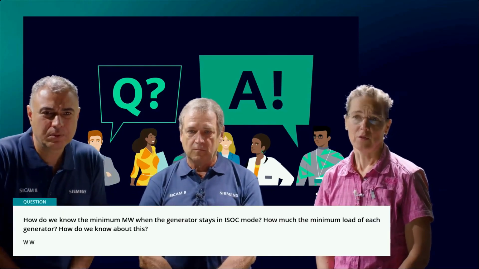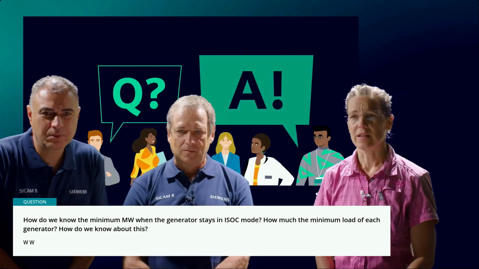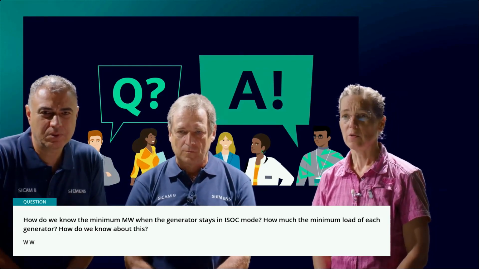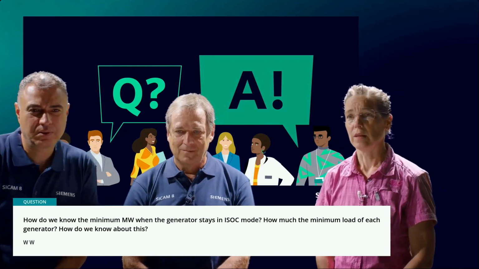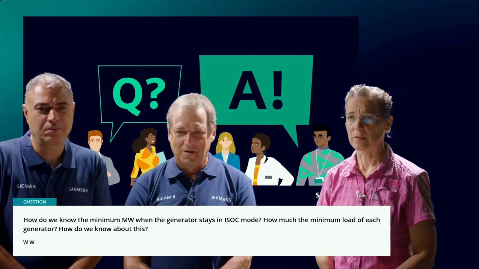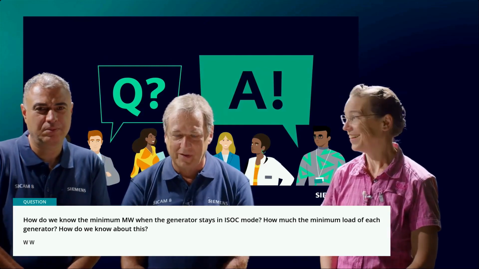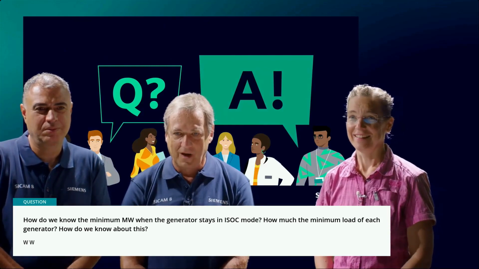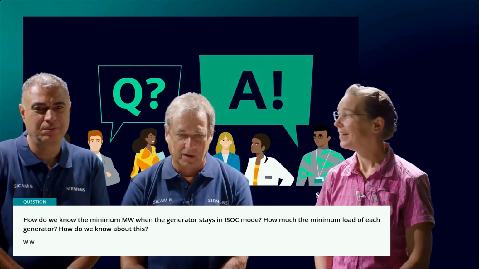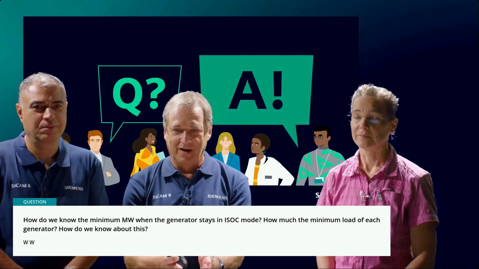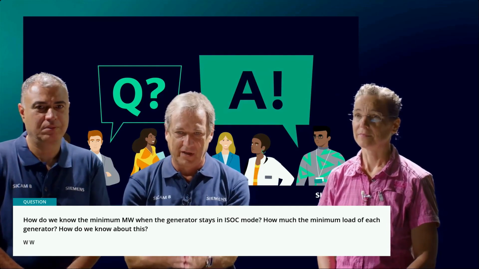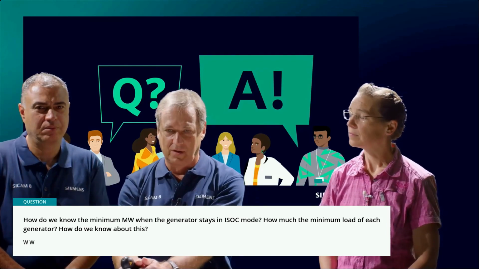And then next question, how do we know the minimum megawatt power when the generator stays in isochronous mode? How much is the minimum load of each generator, and how do we know about this? That's a very good question, but if I were you, I would ask the provider of the generator, because if it is Siemens Energy, it really depends on the characteristic of the individual generator.